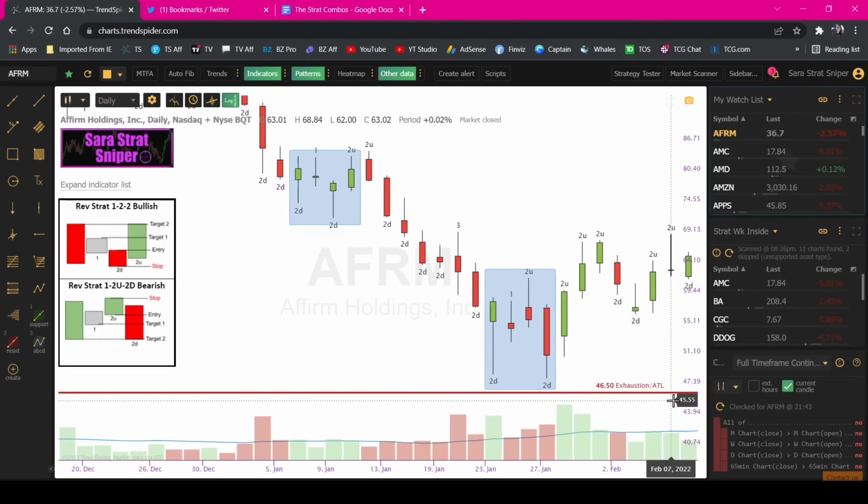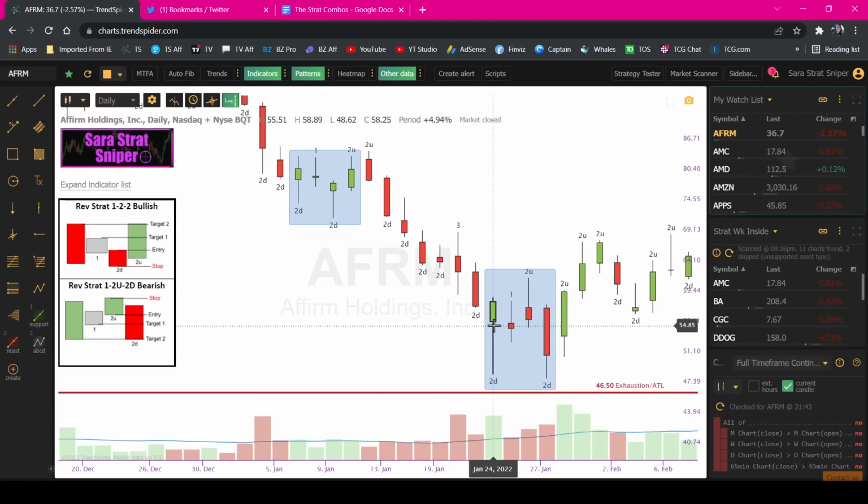But this is a great example because we had full time frame continuity to the downside, a beautiful downtrend. We hadn't exhausted yet, okay? So normal traders who don't know about full time frame continuity and targets and exhaustion might look at this candle on this day and say, wow, that is so bullish.